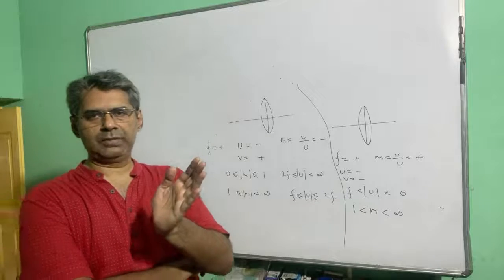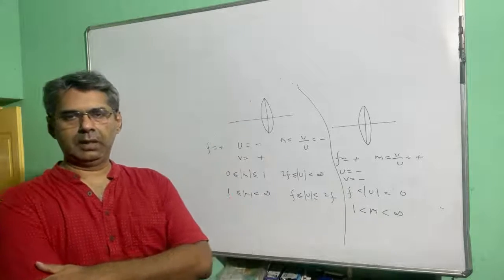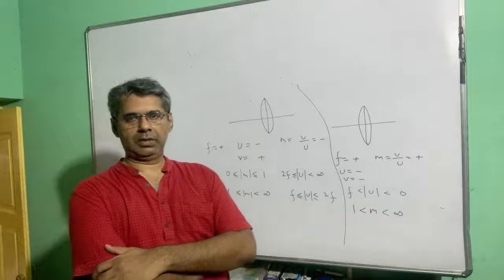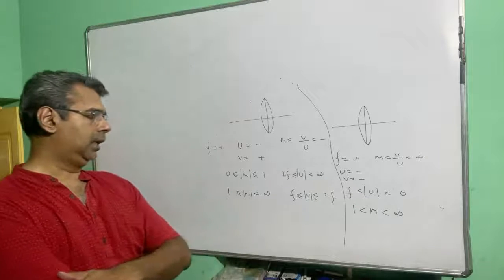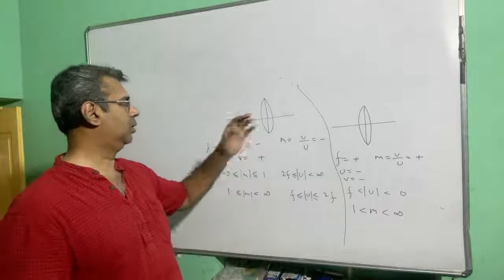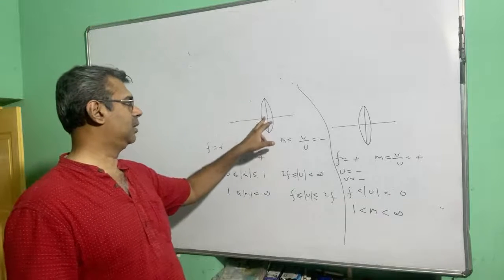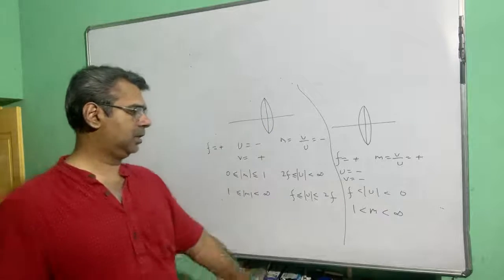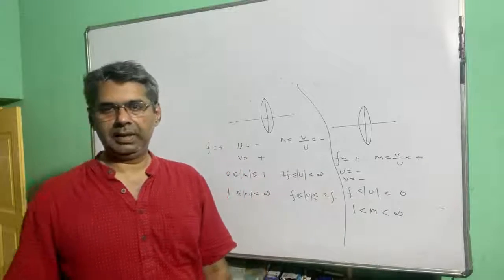So suppose you have just crossed the focus. Let us say that you have just crossed the focus, and then you are slowly coming closer and closer to the optical center. So as you come closer to the optical center, the magnification will be very high.